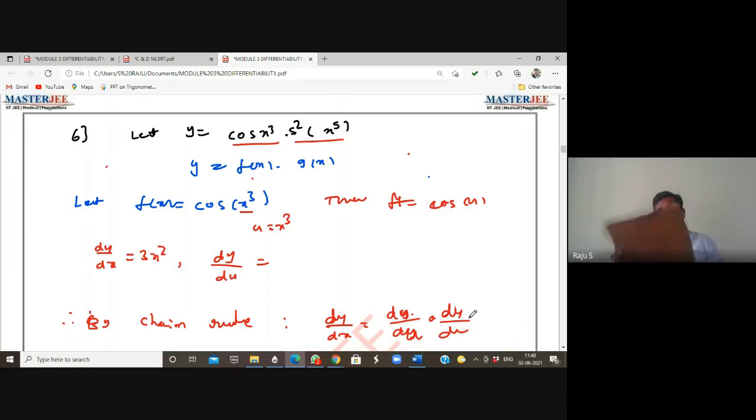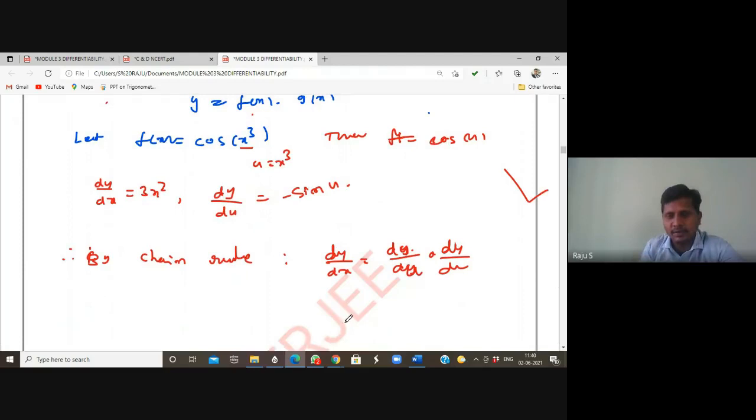Students, anyone? Yes. Substitute the values and simplify here. What is the answer?